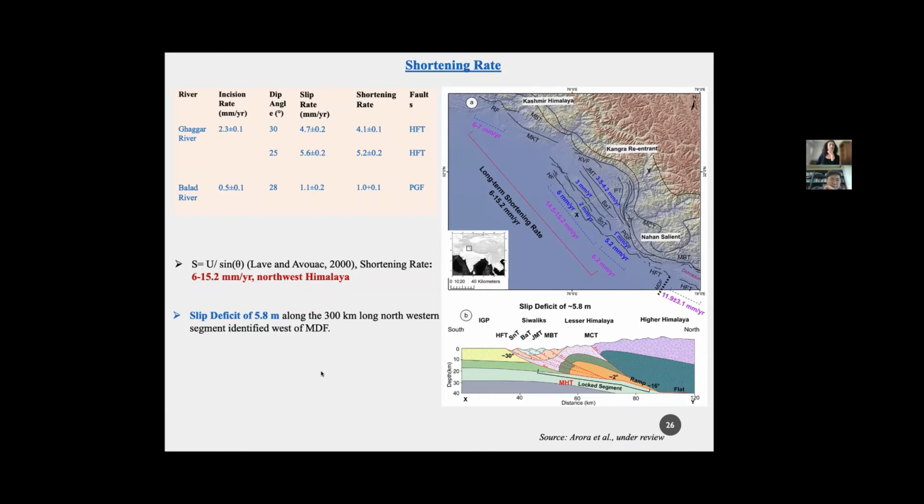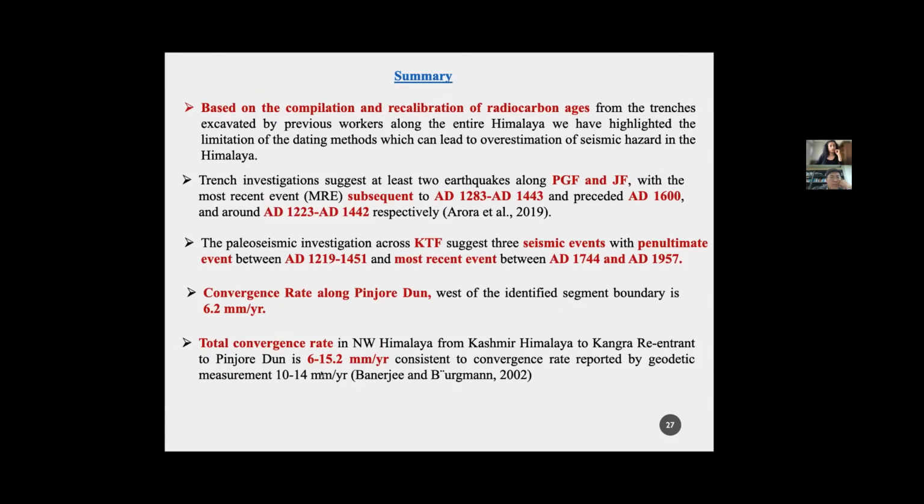So I summarize my work by saying that based on compilation and recalibration of radiocarbon ages from the trenches, we have highlighted that because of limitation in dating method, we may be overestimating seismic hazard in the Himalaya.